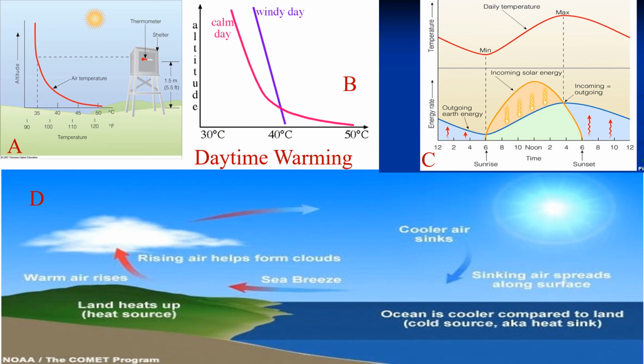Those are the most important pieces of information here. We also have other factors that affect daytime warming: type of soil, water bodies around it, and vegetation. So I hope you understand the daytime warming situation here. Thank you.